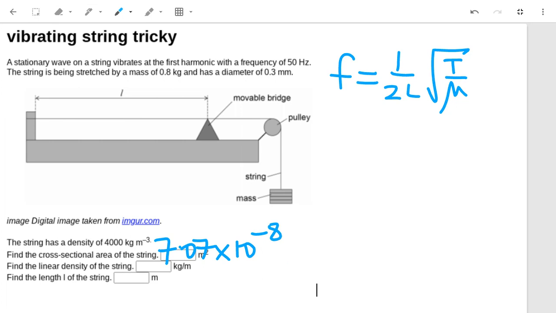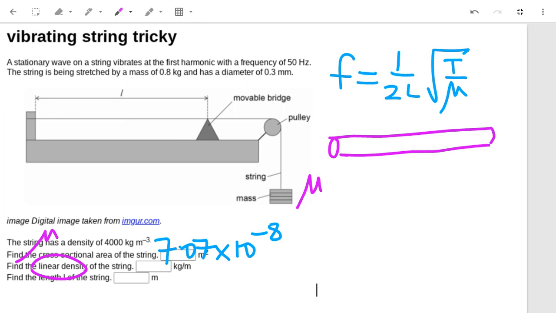Now, to get the linear density, this is the tricky bit, I suppose. Mu, the linear density, is the mass of 1 meter. So let's pretend we've got a meter of wire with a cross-sectional area A. We're going to work out the mass of this meter length.